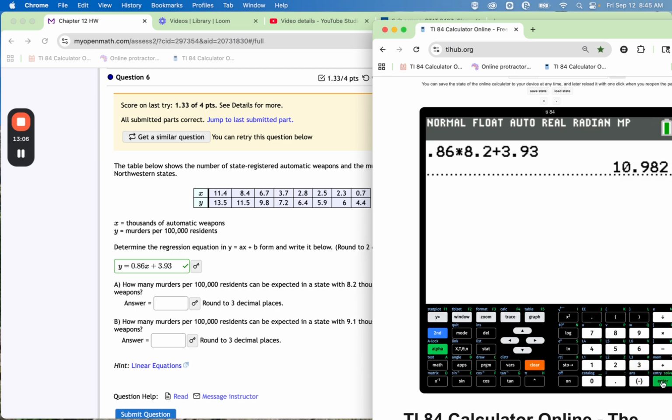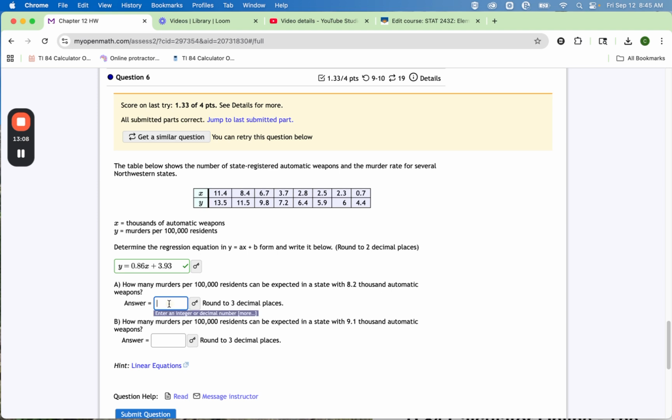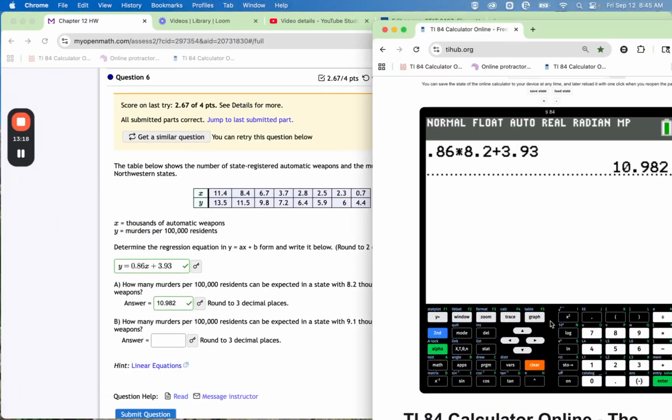Enter. I got 10.982. All right, and then the last one, you're just going to put 9.1 in. Beautiful thing about the calculator is you can now go back and highlight that, and then you can just change the 8.2 to 9.1. You got 11.756.